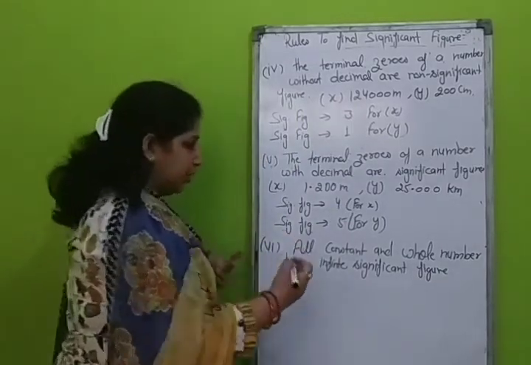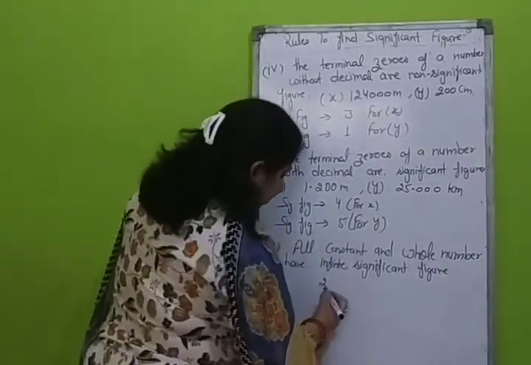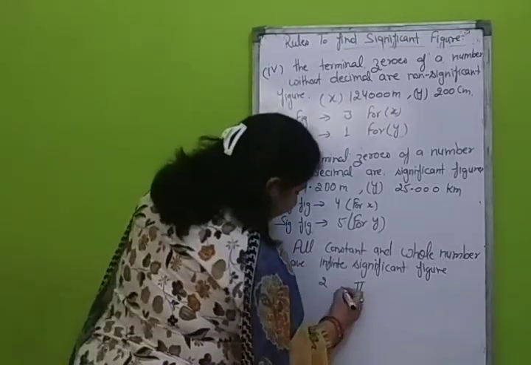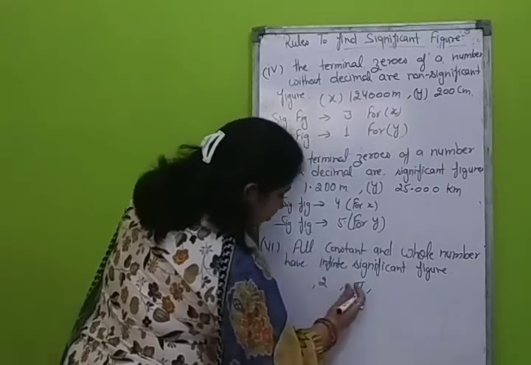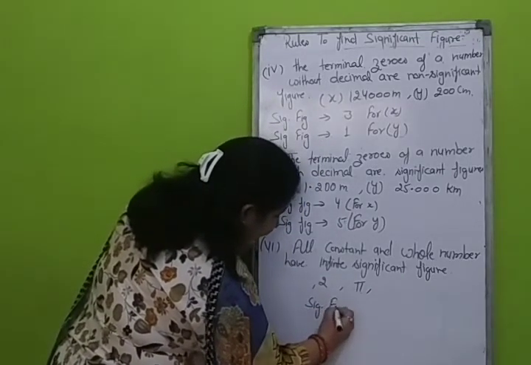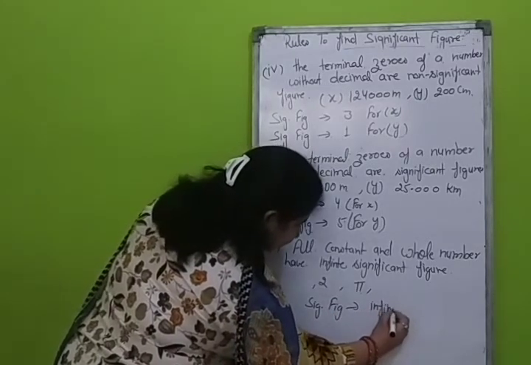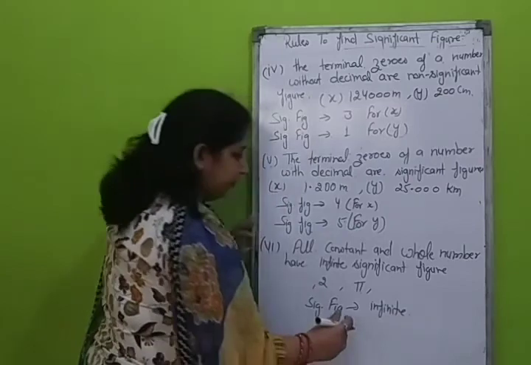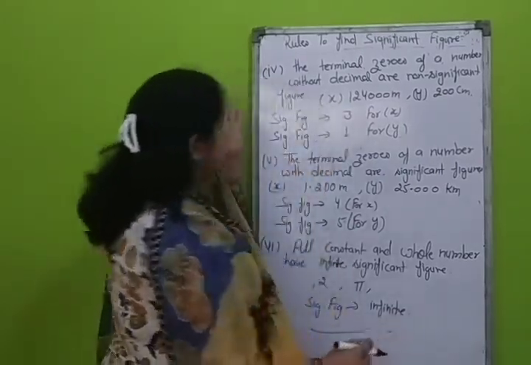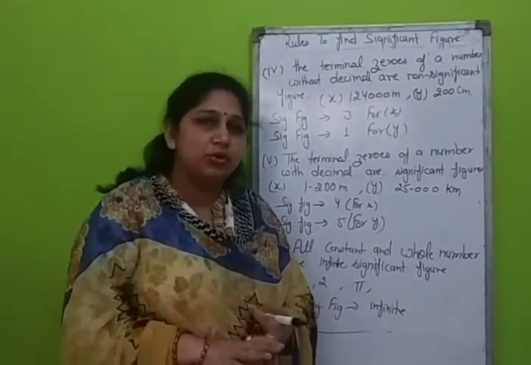Suppose we have a number 2, a constant term, or pi, then we consider these terms as having infinite significant figures. Got it? These are the rules for significant figures. Now we will do rounding off.